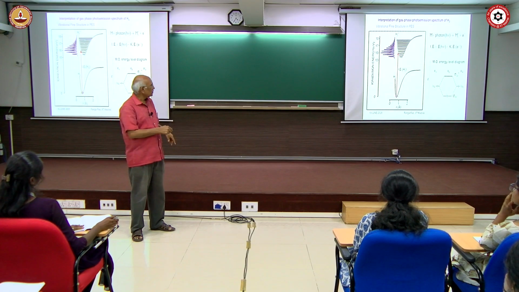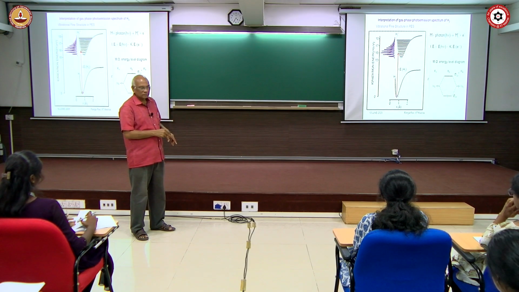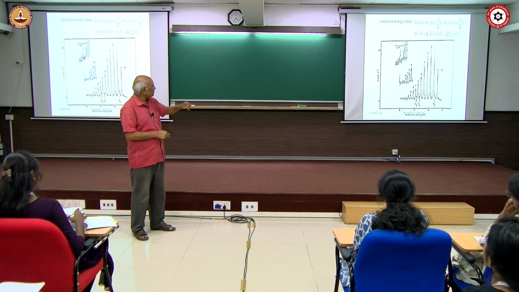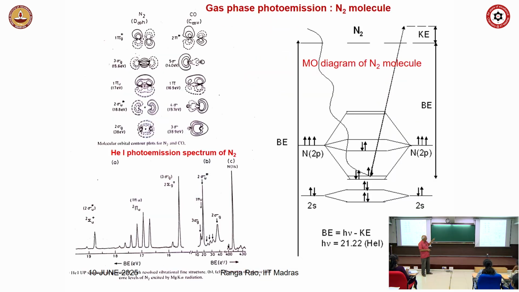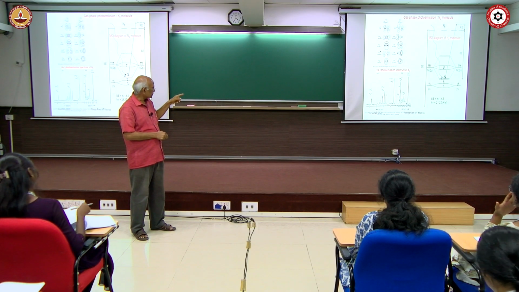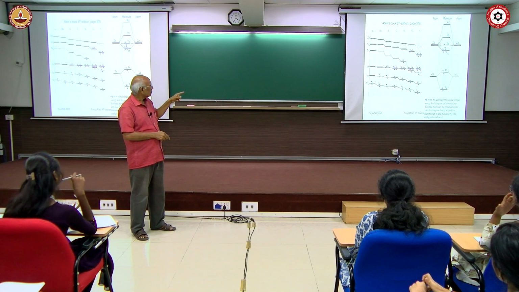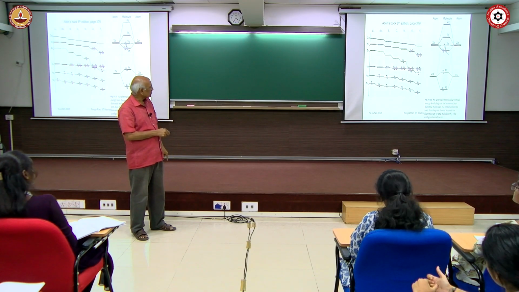That is because of the vibrational levels. The excitation takes place in different vibrational levels. This is the ultraviolet photoelectron spectrum of hydrogen. This is the ultraviolet photoelectron spectrum of nitrogen, and these are all vibrational progressions. This is from Atkins' book, and I have given you these molecular diagrams.